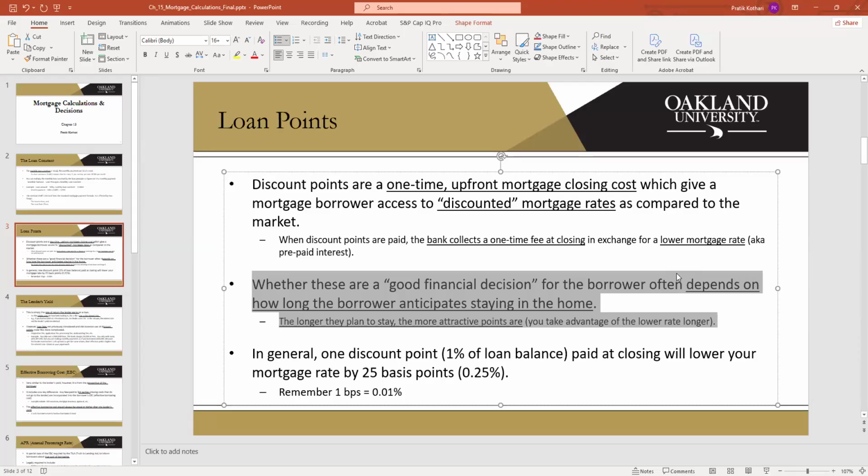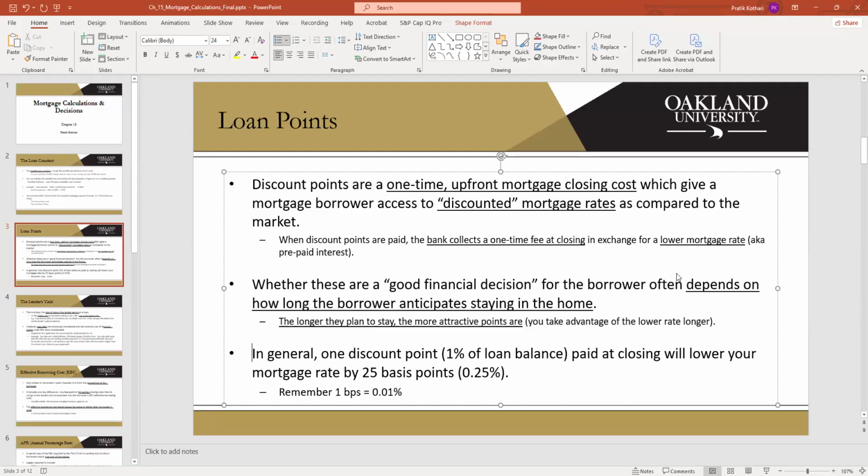That means if you sell the house in, say, 7 years, that 23 extra years of lower interest rate that you paid for is gone. As in, you didn't take advantage of your points. Okay, so that's why the longer you plan to stay and hold the house, usually if you hold the house forever during the entire term of the loan, then points become attractive.